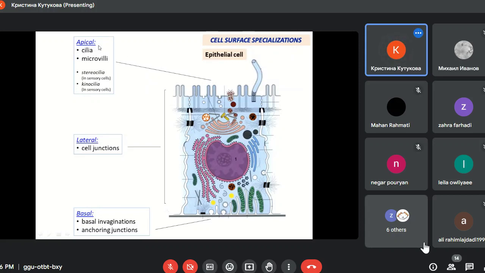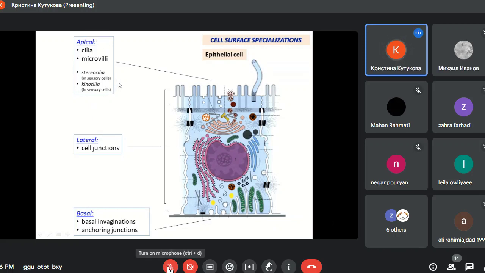The apical surface can have cilia. This is one cilium showed in this picture, or it may have microvilli here, one villus, many microvilli, or some kind of elongated microvilli, which are called stereocilia in specific sensory cells, or kinocilia also in sensory cells. Not all of the cells have them all.